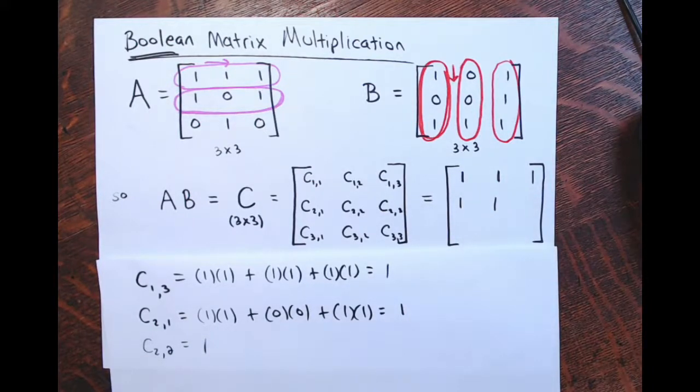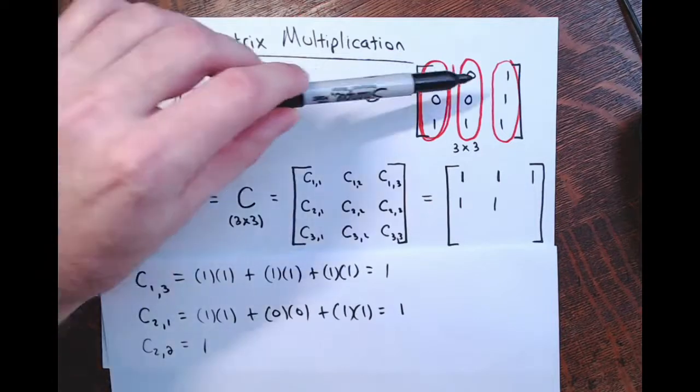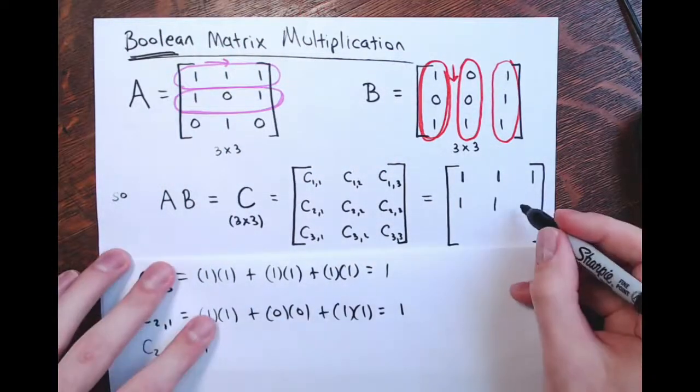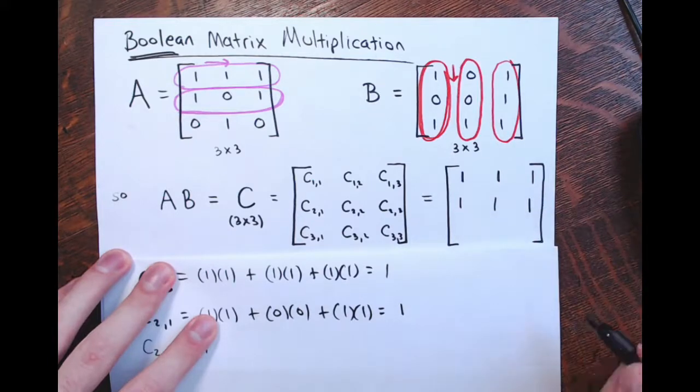Basically, if you ever get a 1 times a 1, you're going to have 1 in the end. So look at this, the first entry is a 1 for the second row. When you do the second row with the third column dot product, it'll be 1 plus 0 plus 1.